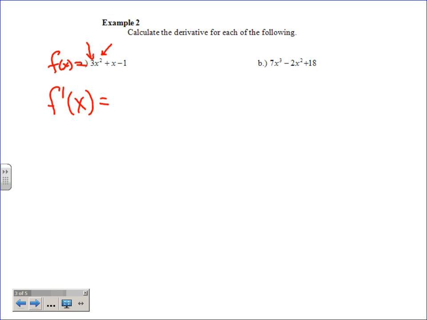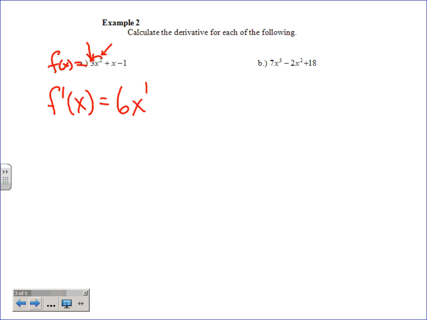What you do is you take the exponent times the coefficient. So you take 2 times 3 is 6, write down the variable, which is x, and then you take your old exponent down 1. So basically you subtract 1 from it. Do you agree the exponent on that term was 2? If you take it down, it's down to 1.